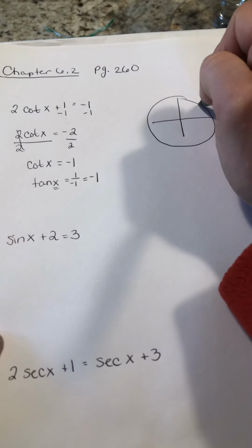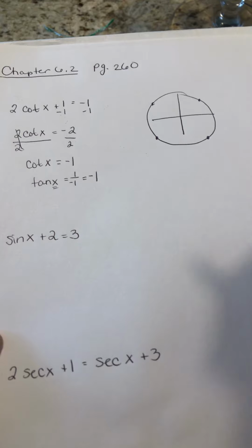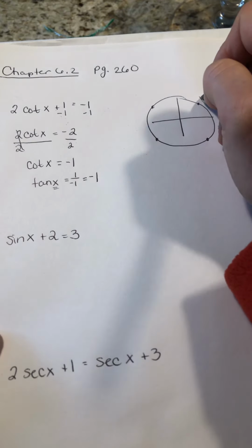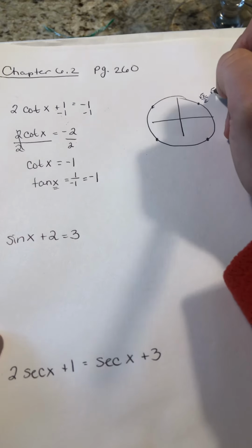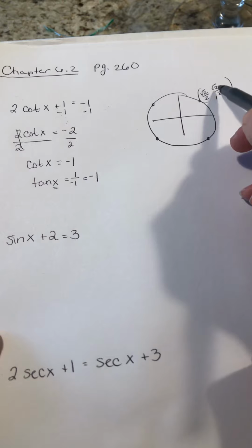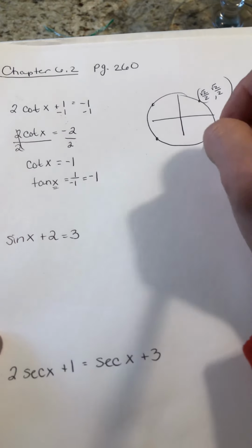If you remember, our 45-degree angles or our pi over 4 angles, we're looking at rad 2 over 2, rad 2 over 2 for both the sine and the cosine. If I divide sine by the cosine, when I divide any number by itself, I get 1.